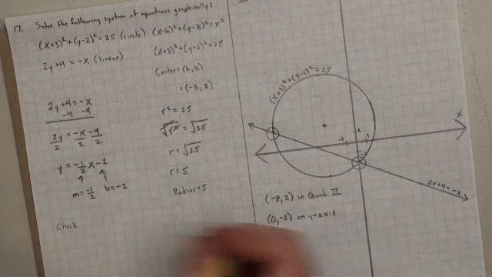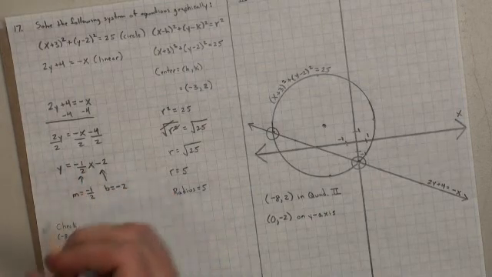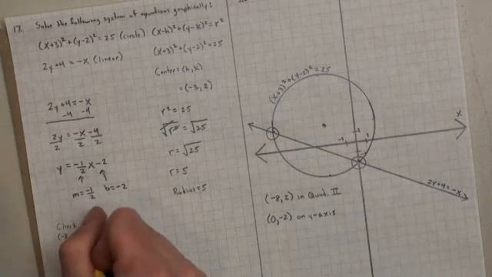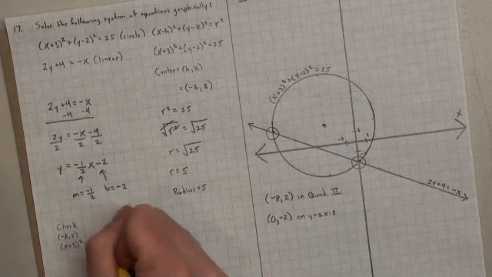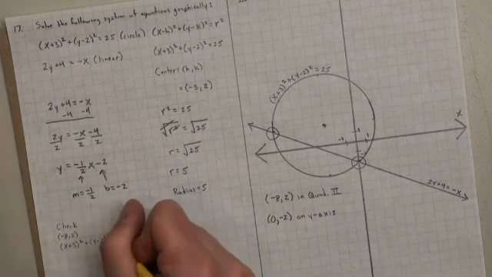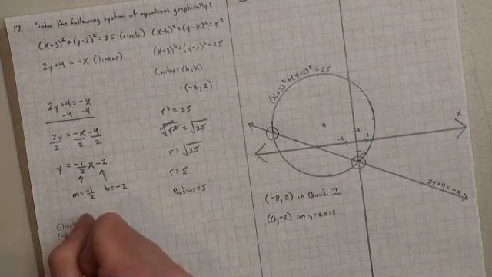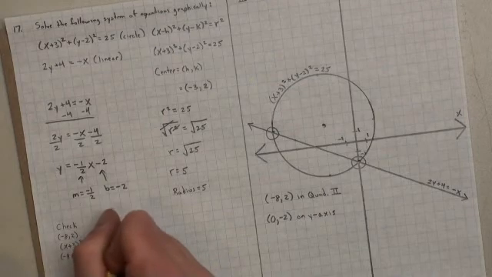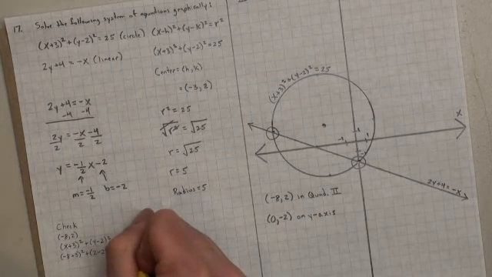So first we'll check negative 8 comma 2 in the circle equation. x plus 3 squared plus y minus 2 squared equals 25. So we have negative 8 plus 3 squared plus 2 minus 2 squared equals 25.